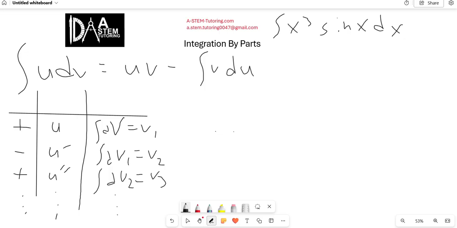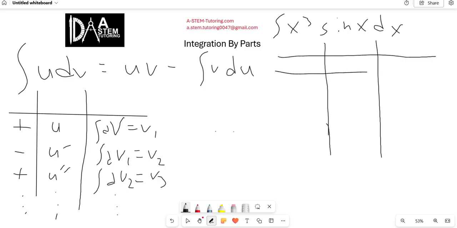So let's suppose we want to integrate the function x cubed sine x dx using this iterative technique for integration by parts. So we can make a table similar to the one on the lower left. Let's make some rows here.